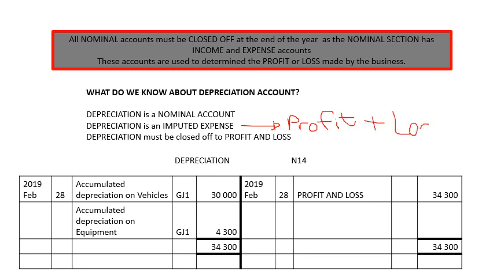So how do I close it off? This is my depreciation. I'm going to total. This is my total depreciation. Must be closed off to profit and loss. How do I close off? By writing on the opposite side. I'm going to transfer this amount to profit and loss, and I need to total as well. Right, that's the story for depreciation.